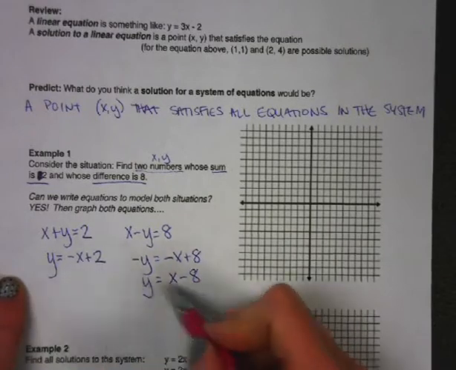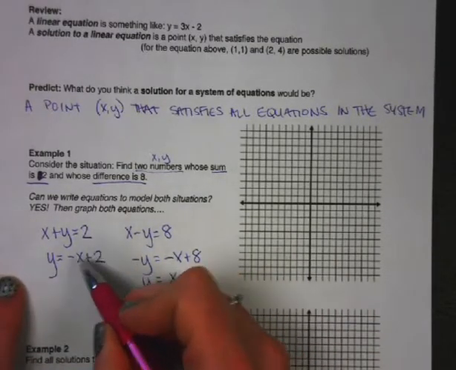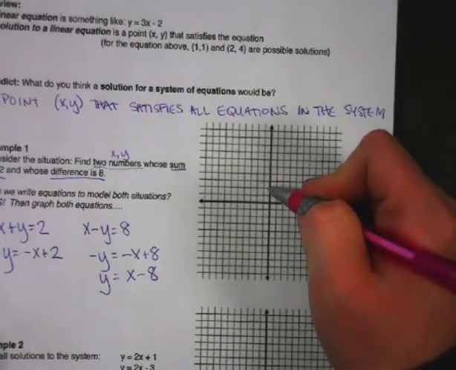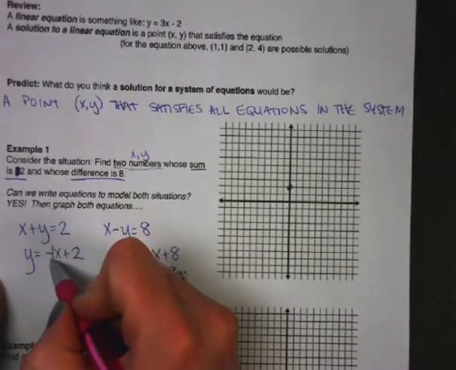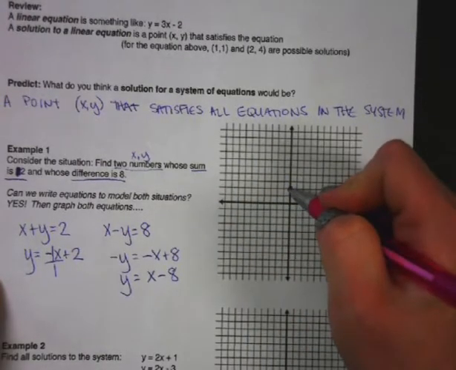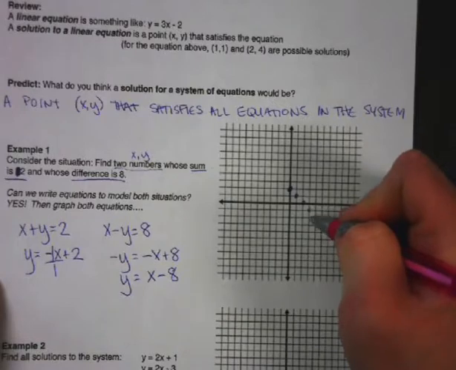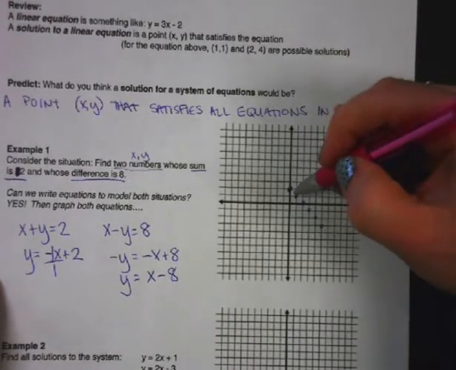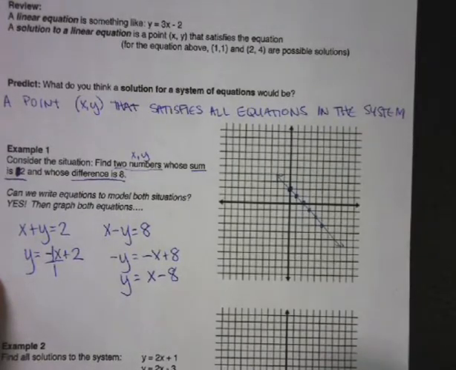Okay, so here's my two equations. So remember, this is your y-intercept. Y equals 2. So (0, 2). Okay, and then my slope is -1/1. So this is my rise and my run. So down 1, right 1, down 1, right 1, and so on and so forth. If I need more, I can put some more on there.